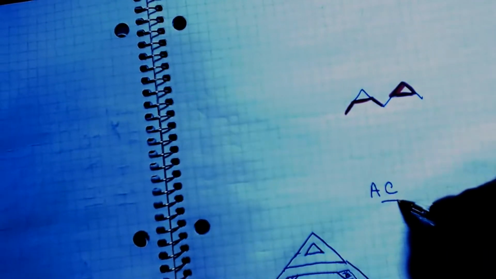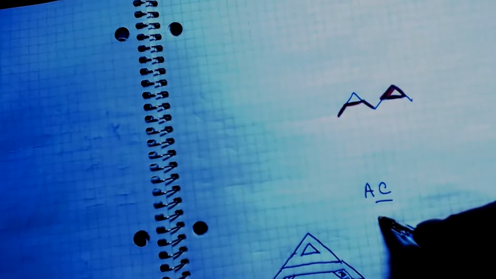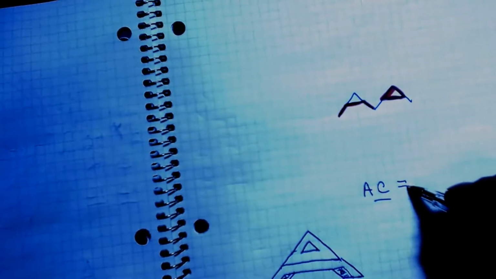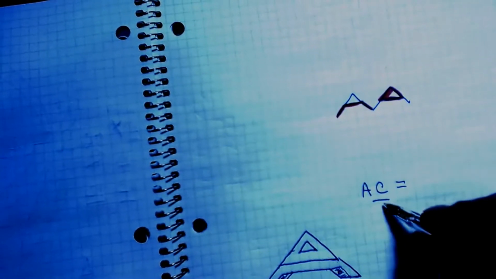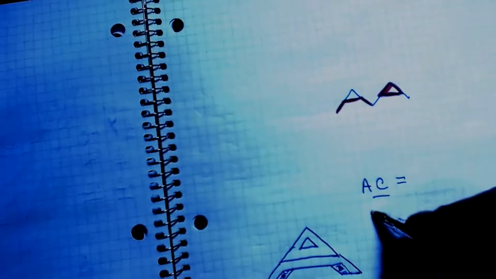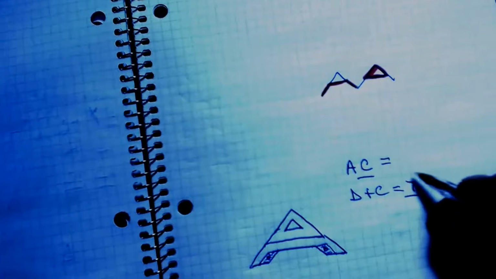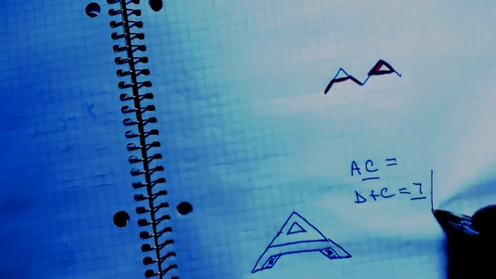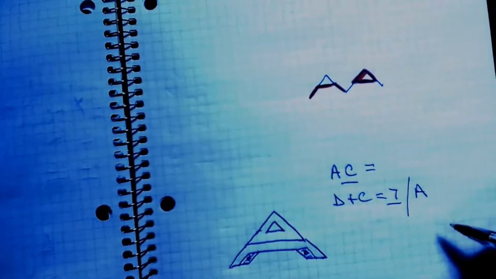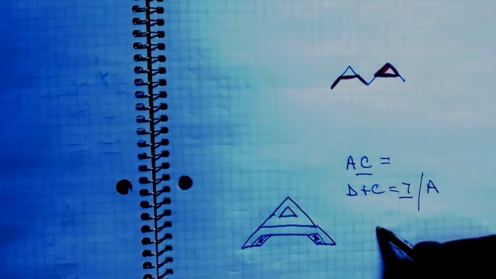So this is your D. So where this comes from is now we have A and C comes together, and that is equal to, we have D and C equals to 7, and 7, okay, slash A from its creation. What happened to B? Well, can we look at this as B?